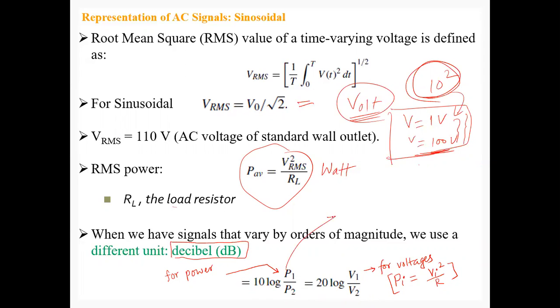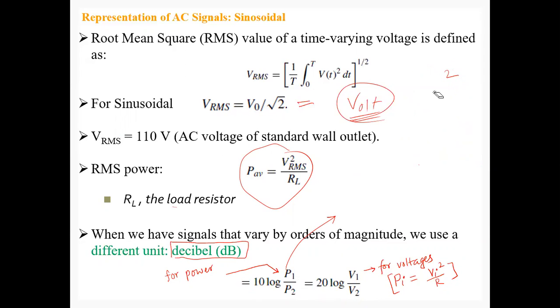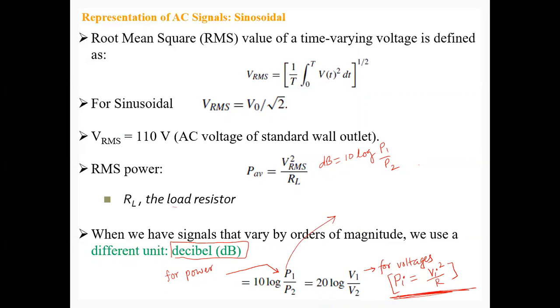Let's begin with this one. dB equals 10 log P1 over P2. So what is your P? P is V squared over R. Then 10 log P1 is V1 squared over R, P2 is V2 squared over R, then R and R cancel out.